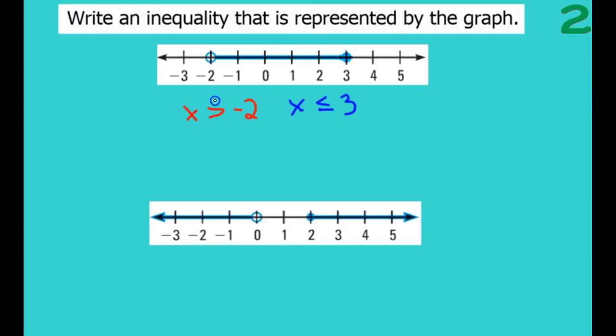Now how we would write this in our AND inequality is we would start with the smaller number, so -2, flip the sign, so now we have x in the middle. Then we can just write this as the same down here.